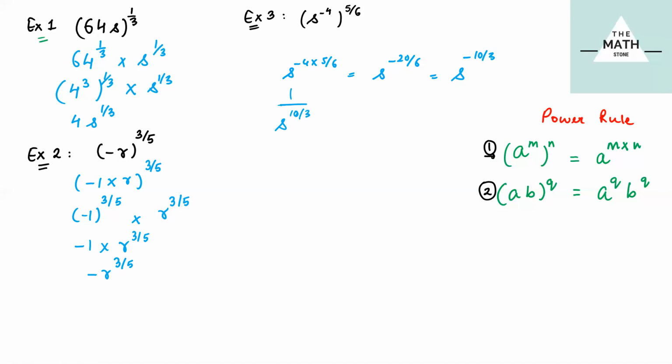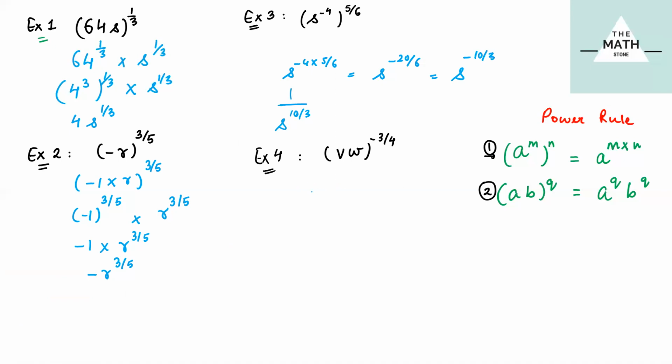Easy, right? Okay, let's take one last example. Example number 4. V times W raised to -3 over 4. So here I'm going to first apply the second identity.